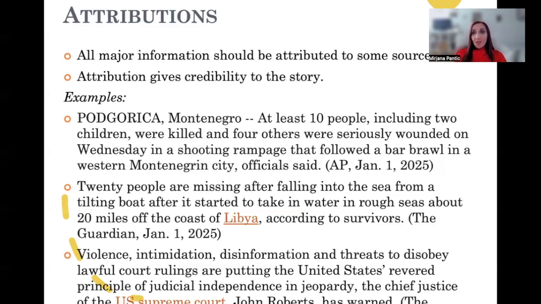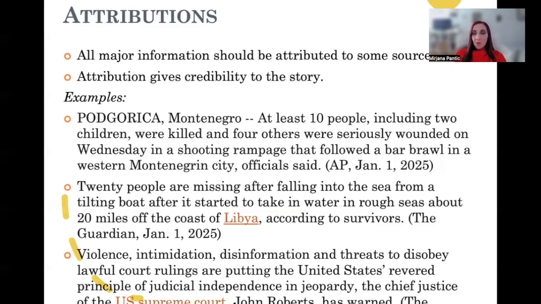Another sad event from January 1st. Again, it was a sad day across the globe. 20 people are missing after falling into the sea from a tilting boat after it started to take in water in rough seas about 20 miles off the coast of Libya, according to survivors.